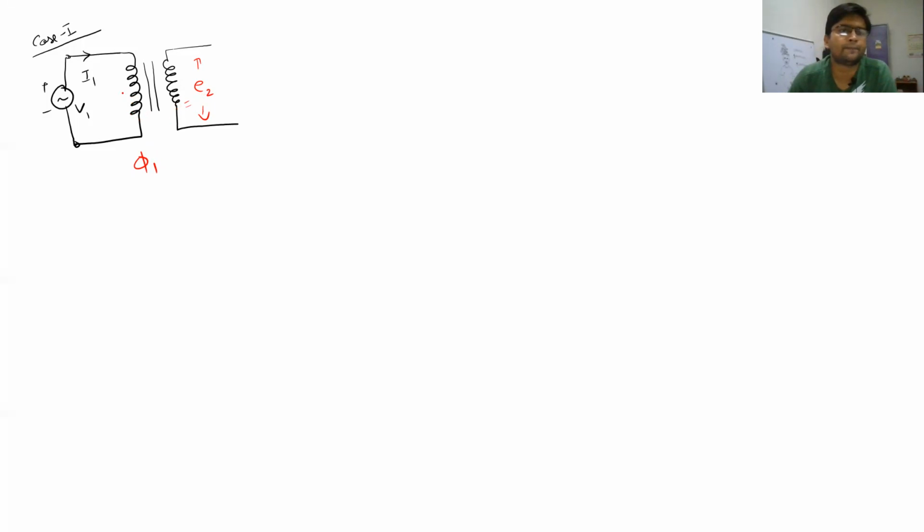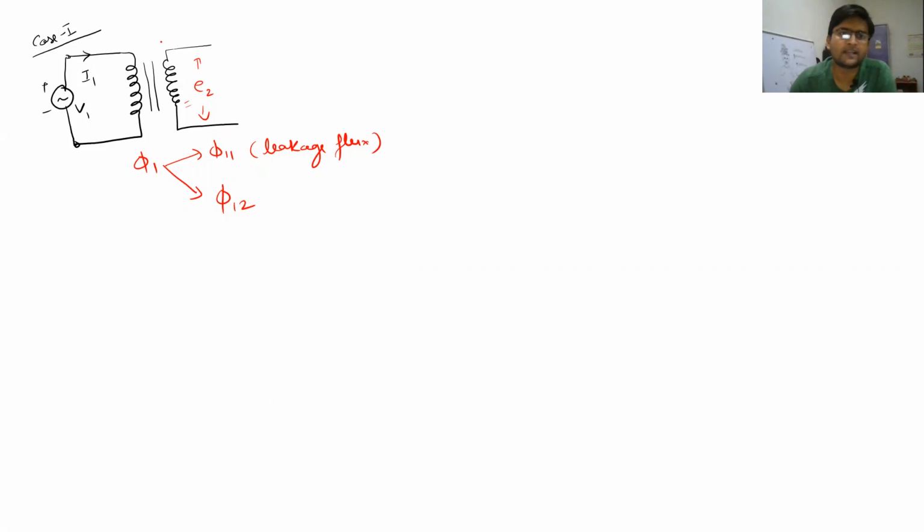So when the flux phi 1 is generated due to this current I1 in the primary winding, it will have two parts. The first part, we can call it phi 11, is actually wasted and is of no use, and we call it the leakage flux. The second flux is phi 12.